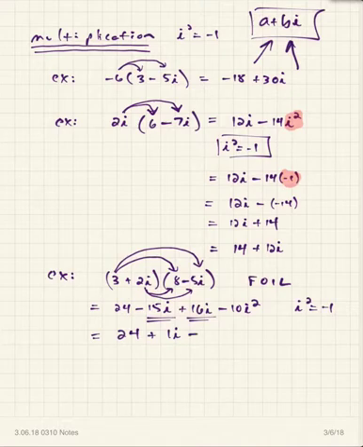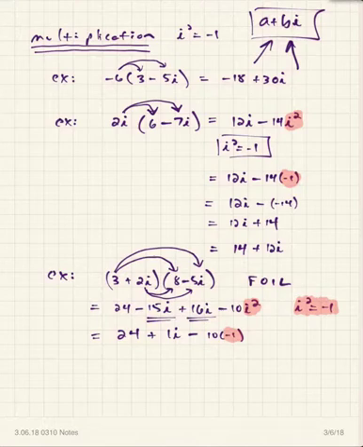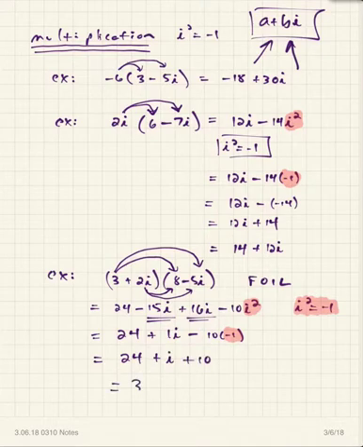And then negative 10i squared, that's where the negative 1 comes into play, right? i squared is equal to negative 1. Right? So every place you see an i squared, don't forget you're going to replace it with negative 1. So this would be 24 plus i plus 10, or 34 plus i. Now this is not hard. You just have to remember i squared is equal to negative 1, and you should be okay here.